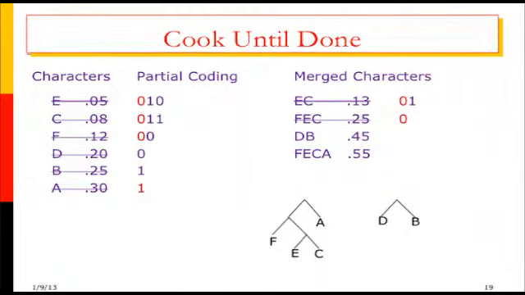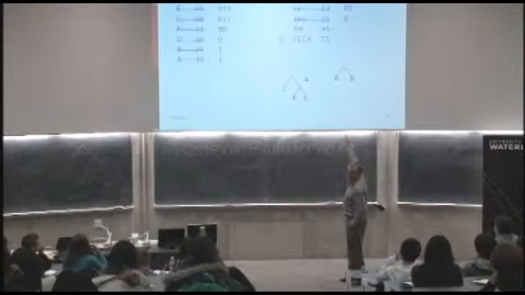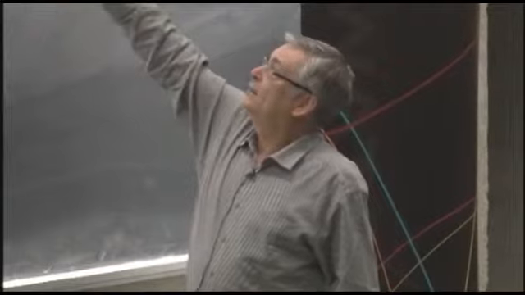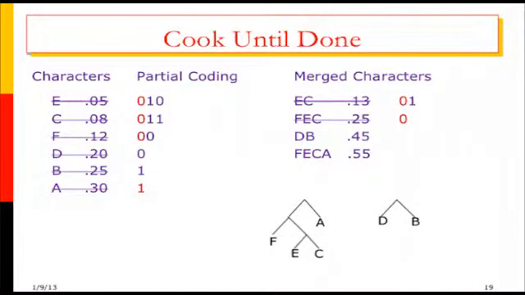FEC had a lower chance, so I arbitrarily, but not necessarily, put the FEC to the left and the A to the right, and we have that little tree diagram there to indicate them. So the deal is that A is going to be represented by some junk followed by a 1. Different junk than the B. The B will be some junk, but different junk than A, followed by a 1. So I haven't finished these off yet, but I'm about to.